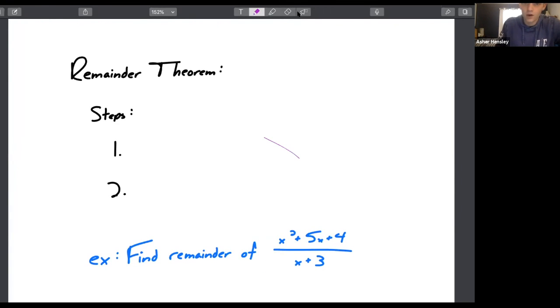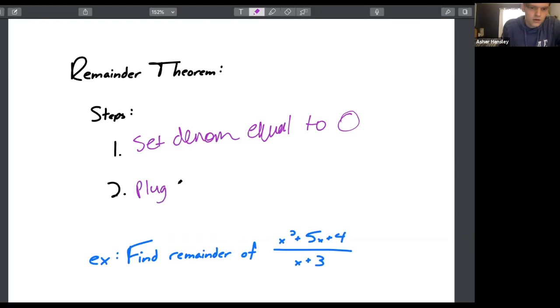So remainder theorem. All we're going to do: set denominator equal to 0. After we set our denominator equal to 0, plug the value into the numerator.